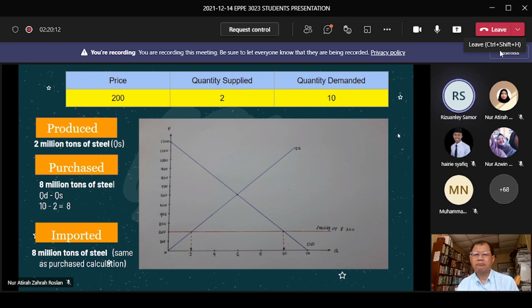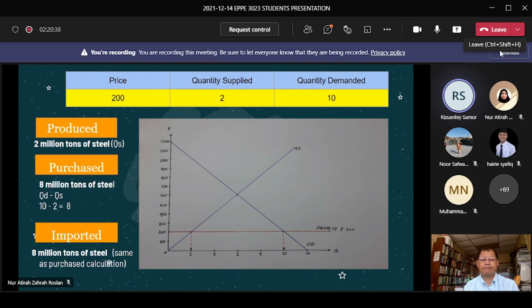Okay. After the subsidy, we can see that the amount produced is 2 million tons of steel. To get this answer, we just refer to the intersection between the supply curve and the subsidy line, and we get 2 million tons of steel. For the purchase, the answer is 8 million tons of steel.